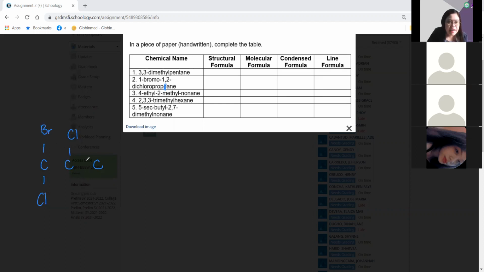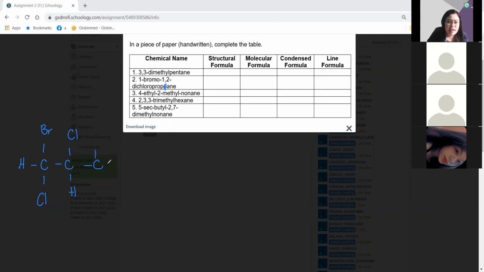Okay? Now, after writing the substituents, that's the time you fill in with hydrogen. So for example, this first carbon here already has 3 bonds, so definitely it only lacks 1 hydrogen. And then the next carbon, that is also true. Kulang din siya ng isang hydrogen.